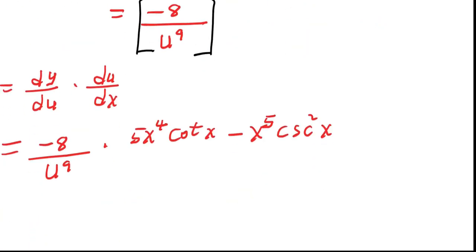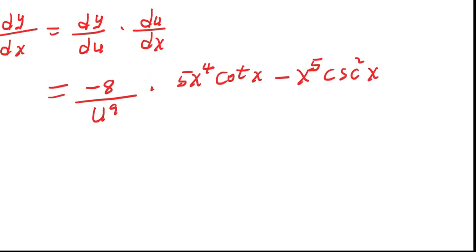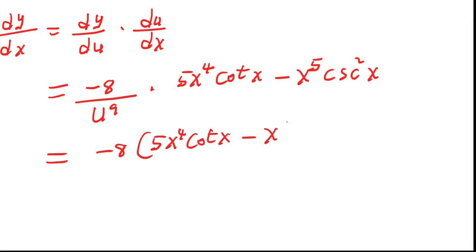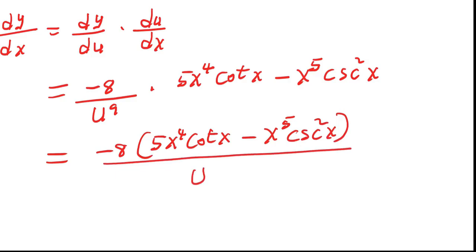All right, so if we multiply the numerator, we are going to have -8 in brackets 5x to the 4th power cot x minus x to the 5th power cosec squared x, all over u to the 9th power.